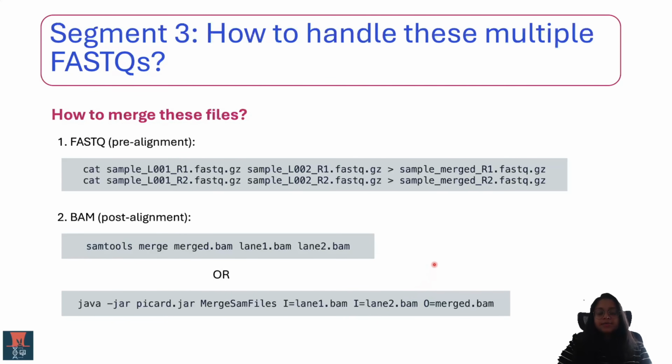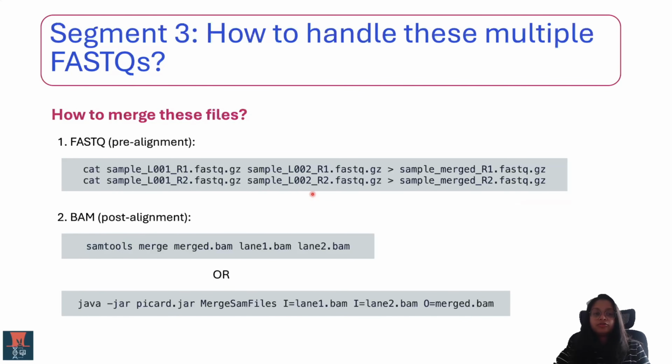So the last part is how do we merge these files? If we have to merge the FASTQs pre-alignment, then we would simply cat them, or combine them according to the reverse or the forward reads across all the lanes. So we could have a combined FASTQ for the forward reads and the reverse reads, which are combined across the multiple lanes.